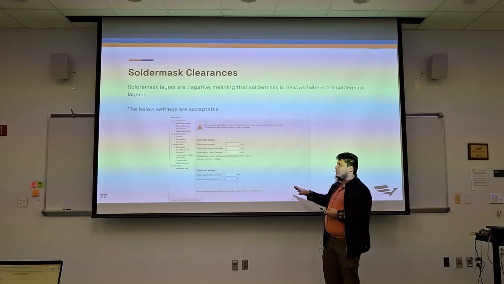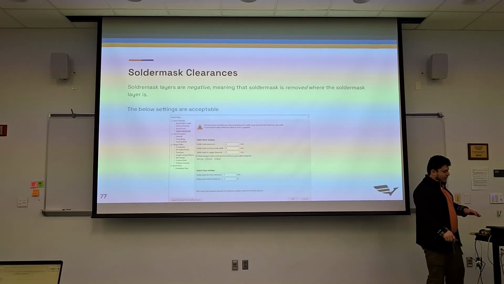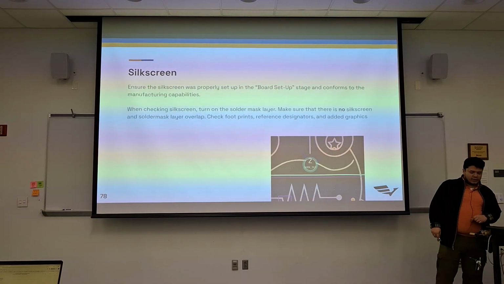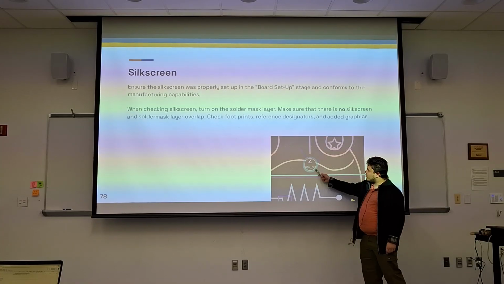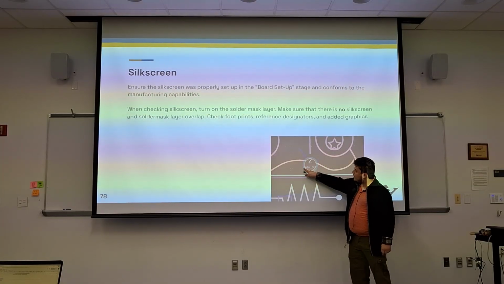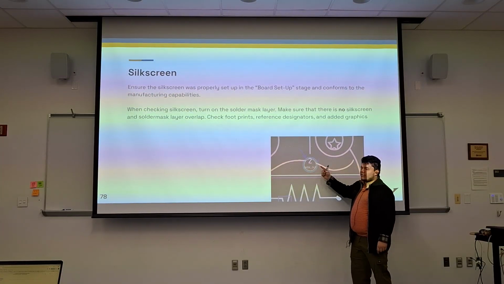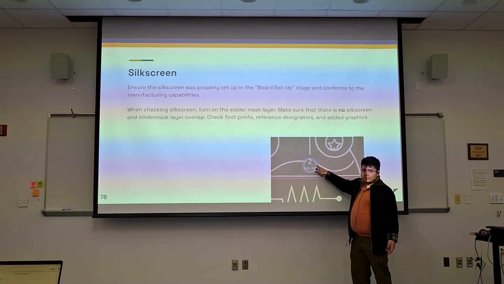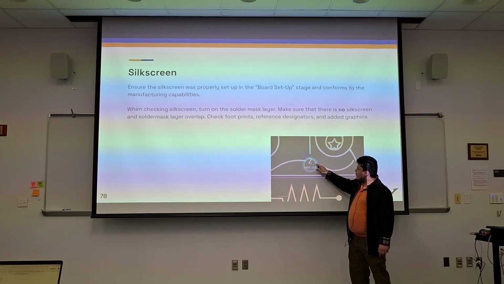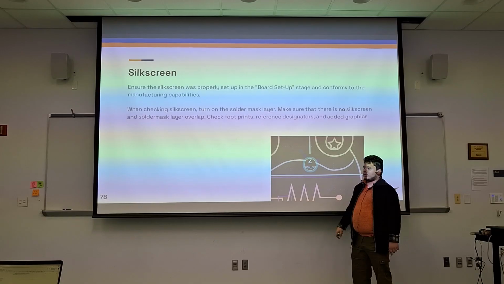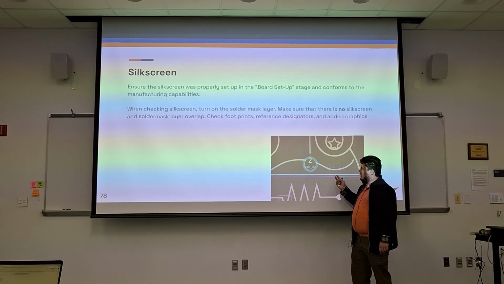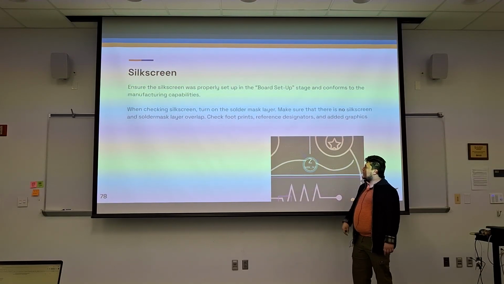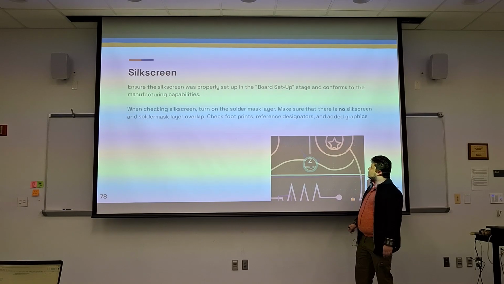When you're doing your silkscreen, you want to make sure you're avoiding solder mask openings, because this right here is the back solder mask. This is where you solder a pin. This is exposed copper, or should be, and this silkscreen is not going to adhere to it.